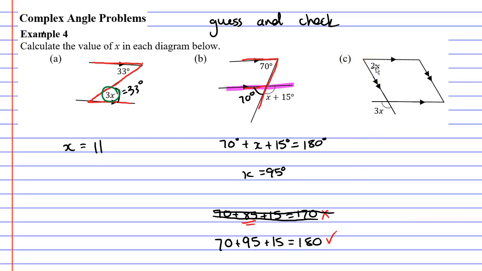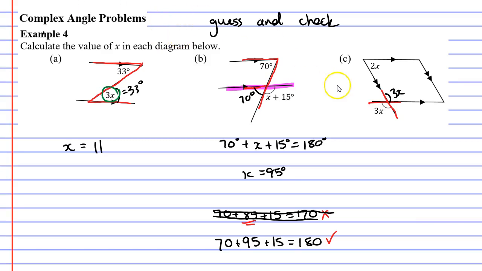All right, we'll move on to question C. And in this one, they haven't actually told you what any of the angles are, which can really throw some people sometimes. First thing I notice when I look at it is that I have vertically opposite angles. I have two lines that intersect at a point, and that tells me that this angle down here is 3x.